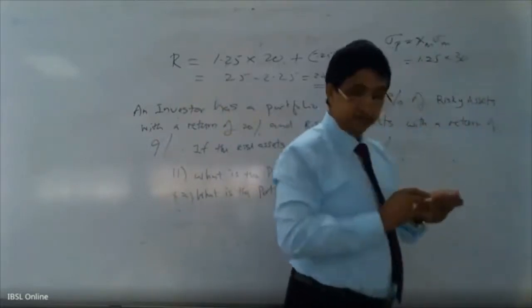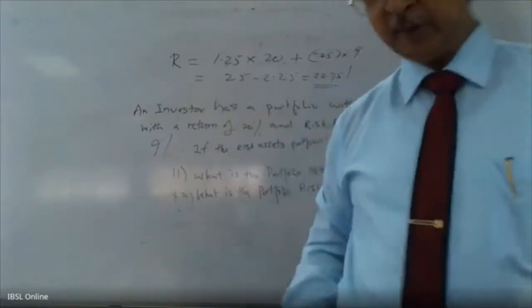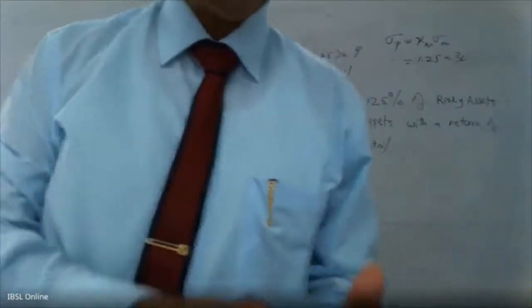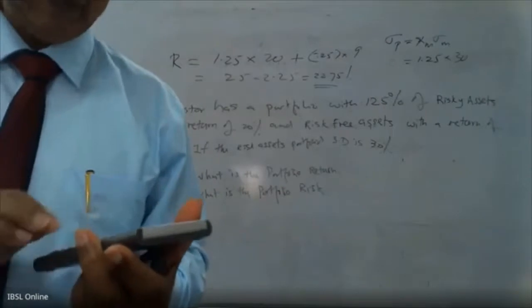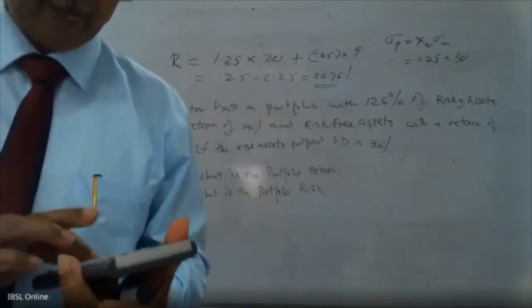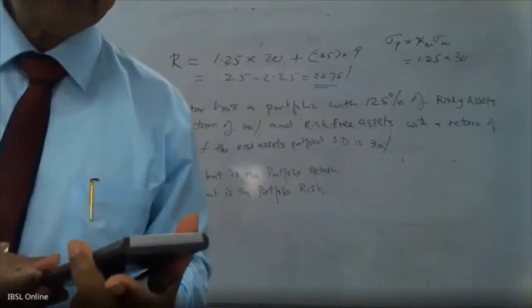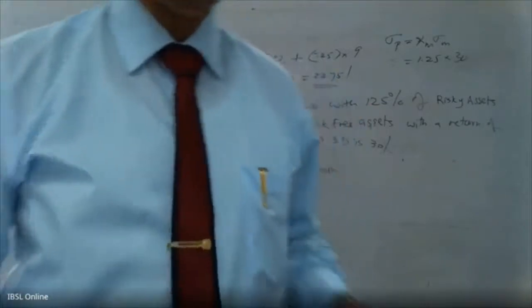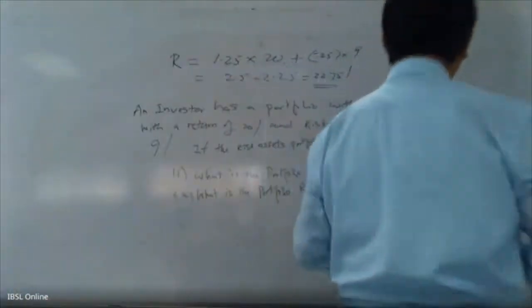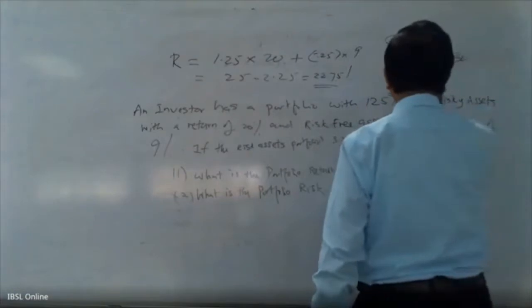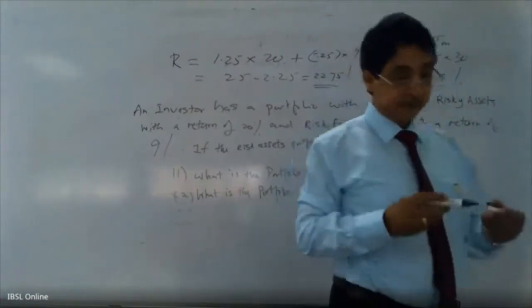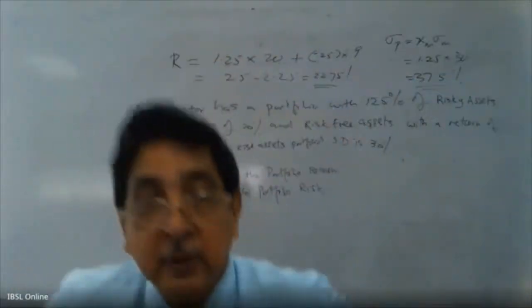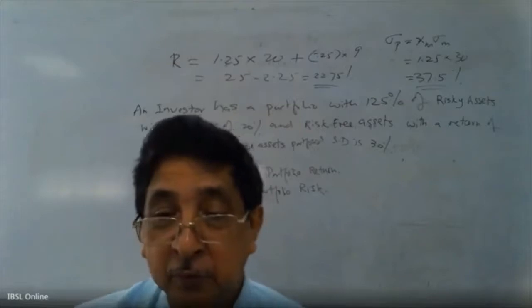Now what is the answer for this? 30 into 1.25 is 37.5. So this is the answer for standard deviation, sigma. Yes, Ms. Ansala, now I think you understood that.